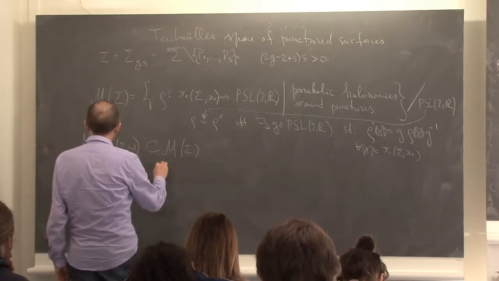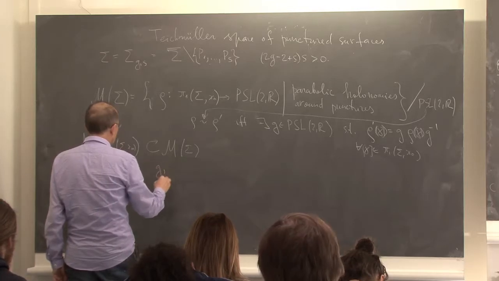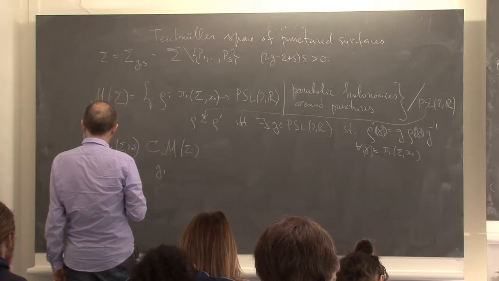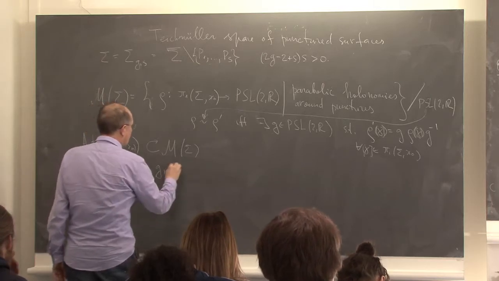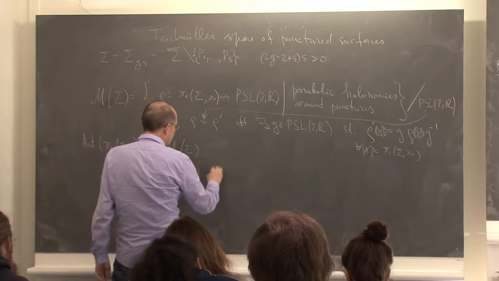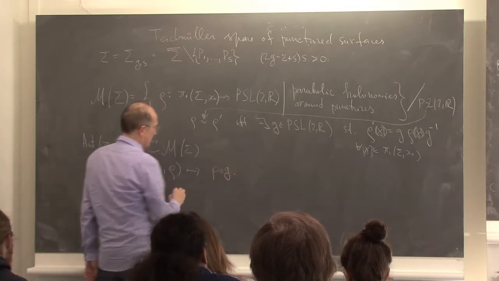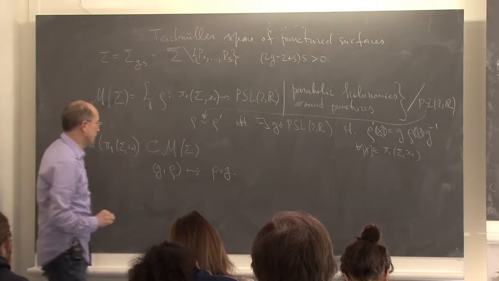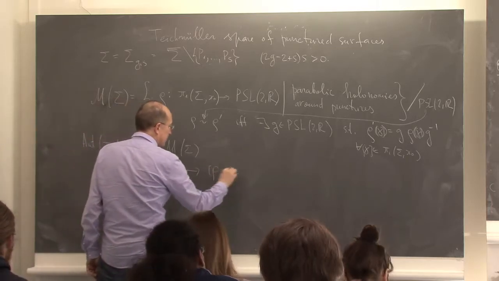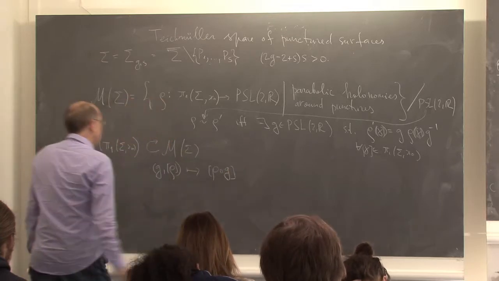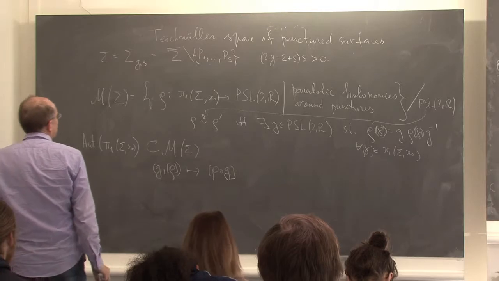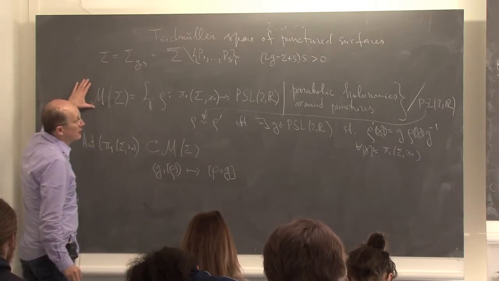So if we have an automorphism and a representation, then we just compose it like this. So let me put it as a class of representation. Okay, so this is the phase space.